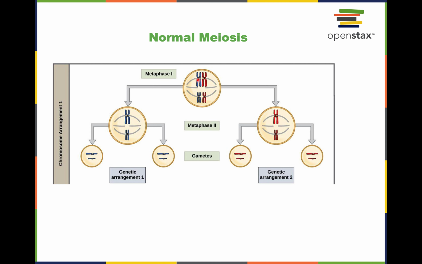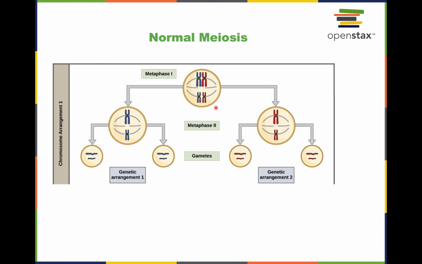So in this case, we're seeing these two blue chromosomes are going this way and the red counterparts go to the other cell. And then as a result of metaphase 2 and the whole process of the second stage of meiosis, we're going to get 4 gametes, each of which have one of the chromosomes in them.